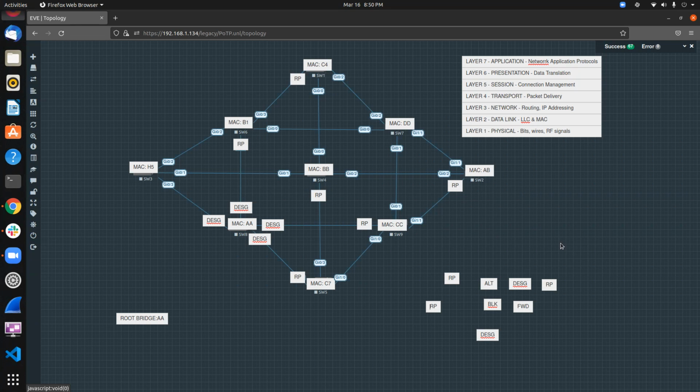Based on that, who's going to be our root port on switch 7? Port 0 would be where I would put my RP. Why?